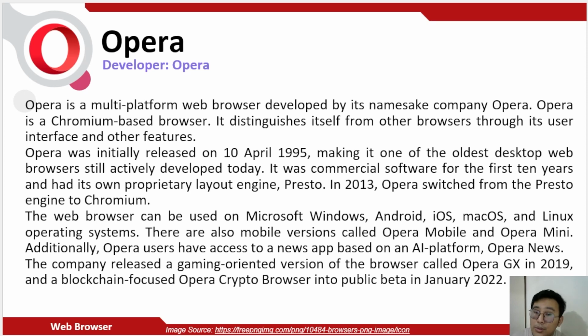Additionally, Opera users have access to an AI-based news app called Opera News. And this company released a gaming-oriented version of the browser called Opera GX in 2019, and a blockchain-focused Opera Crypto Browser into public beta just recently in January 2022.